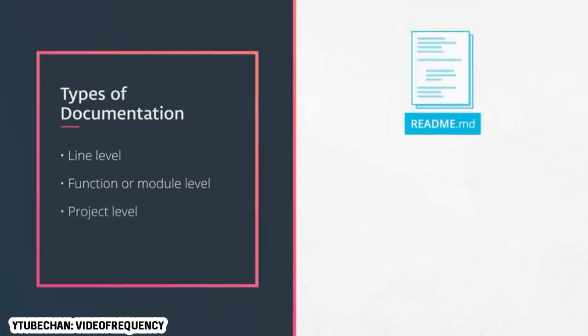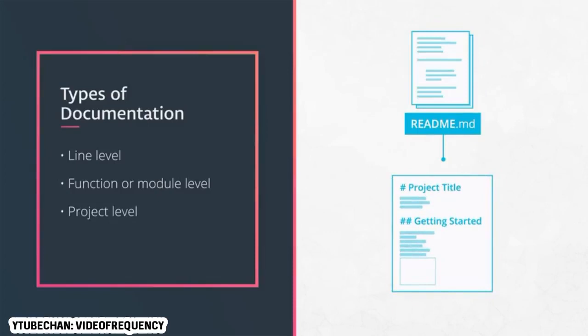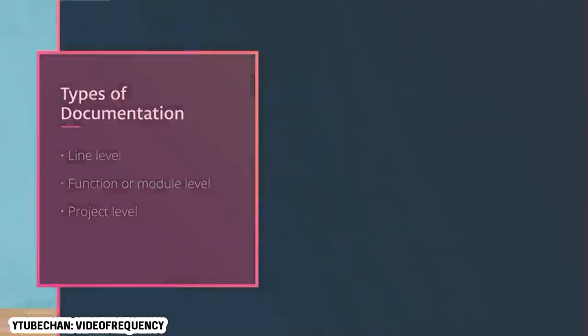Finally, you can add documentation at the project level, using various tools such as a README file to document details about the project as a whole and how all the files work together. In the next few sections, we will practice using these different modes of documentation and learn best practices to make sure our documentation is effective and useful.